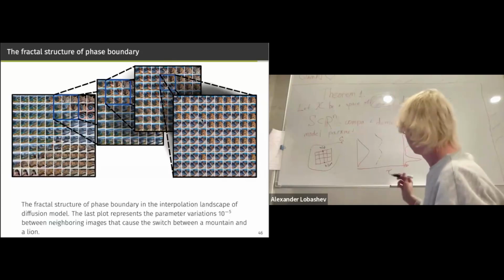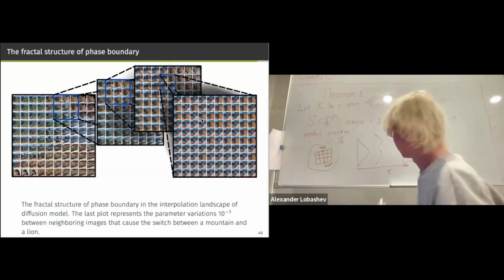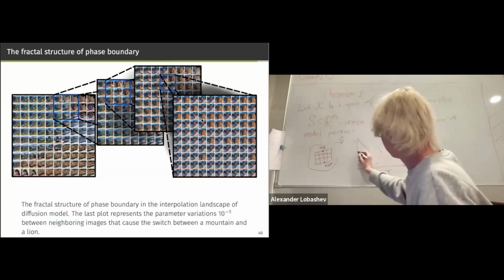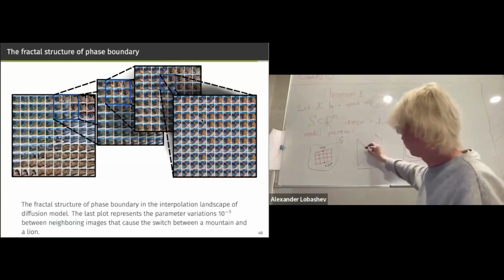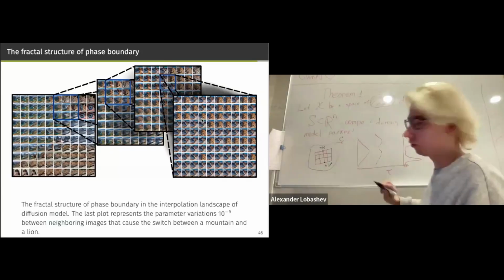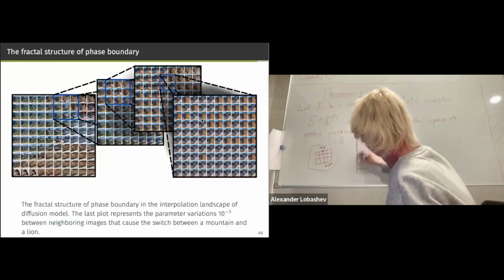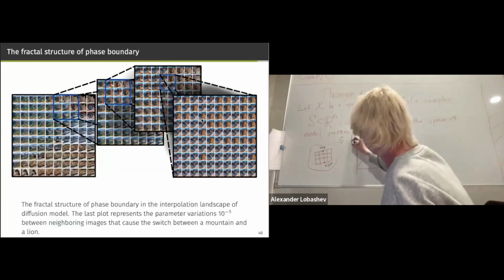And what will happen if we start to take our initial samples right in the middle of this Gaussian? In this case, this axis is our latent space.